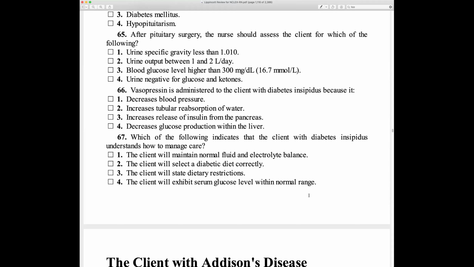All right, 66. Vasopressin is administered to the client with diabetes insipidus because it. This one you're going to have to think critically, okay?